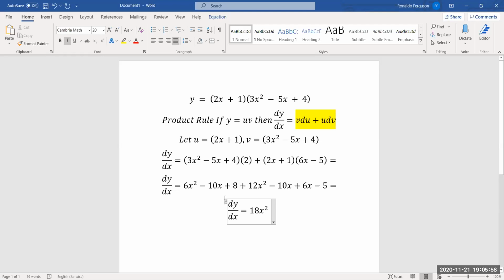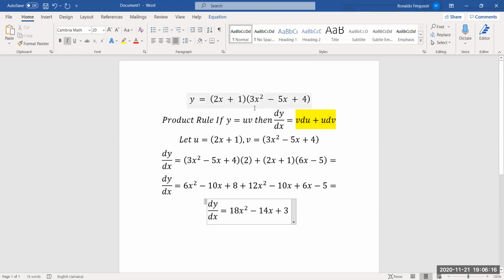Negative 4x. Then you have 8 minus 5. What do you get? 3. Plus 3. Good.